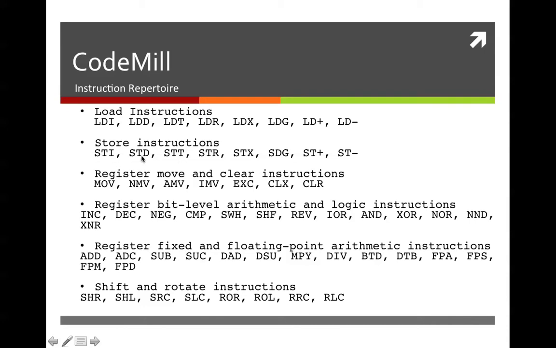So basically immediate, direct, indirect, relative, indexed, register, auto increment, auto decrement. And then you have register, move, and clear instructions. These are basically move, negative move, absolute move, increment and move, exchange, clear X, and clear a particular register.